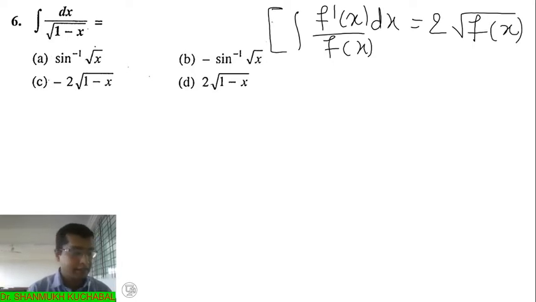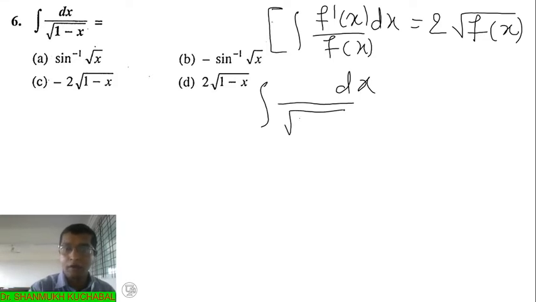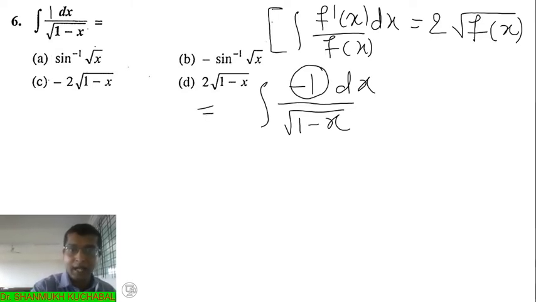So we can write this as the integration of dx over the denominator 1 minus x. The differentiation of 1 is 0, minus as it is, x differentiation is 1, so minus 1. Here it is extra, actually it should be plus 1. To balance it, I divide by minus 1.